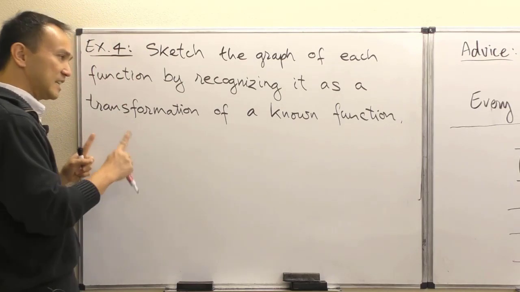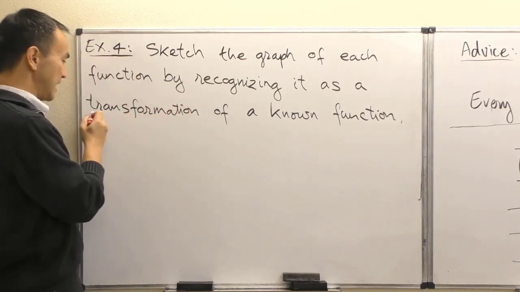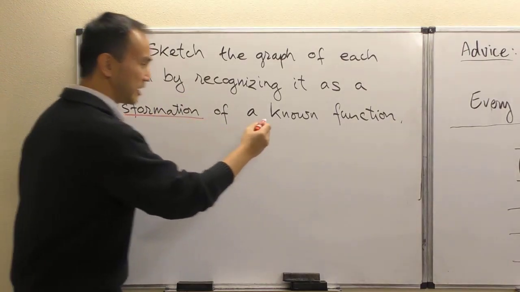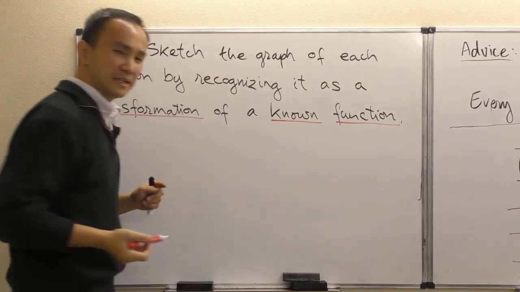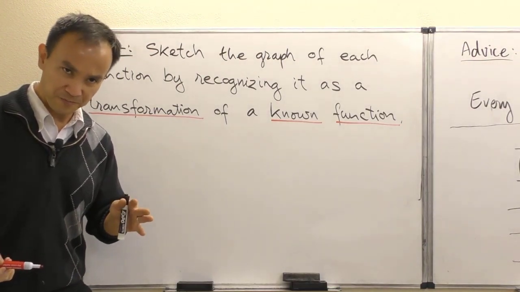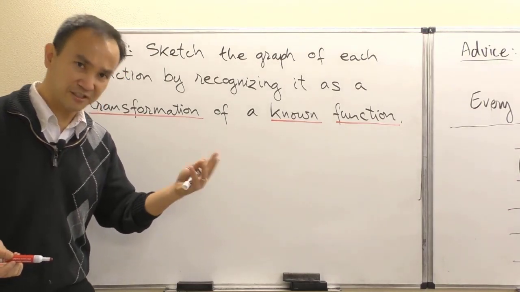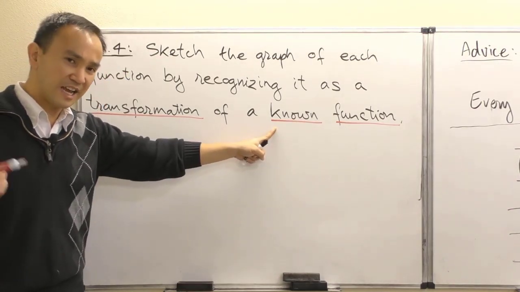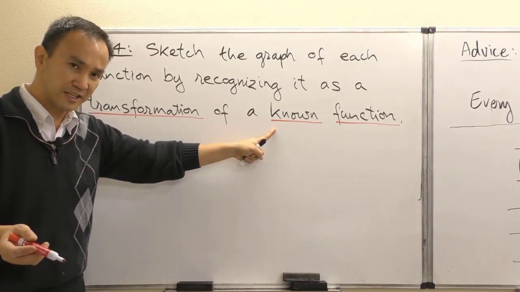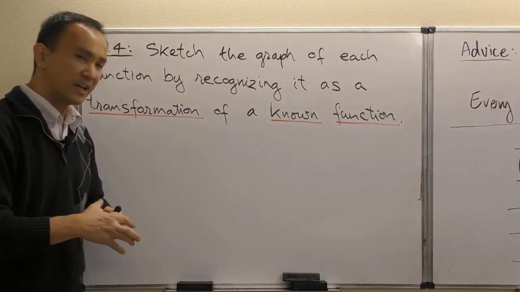Whatever function I'm about to give, I want you to recognize it as a transformation of a known function, and known means you already know the graph of that known function. That's why it's very similar to the problems we have done in example 2. So let's get to it.